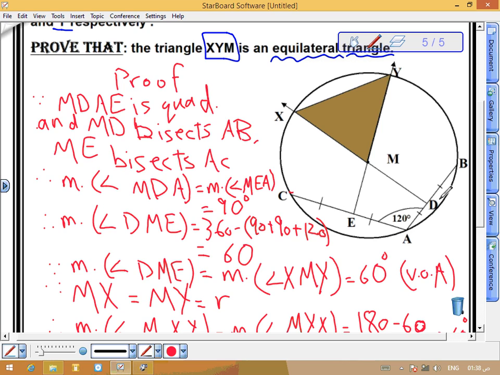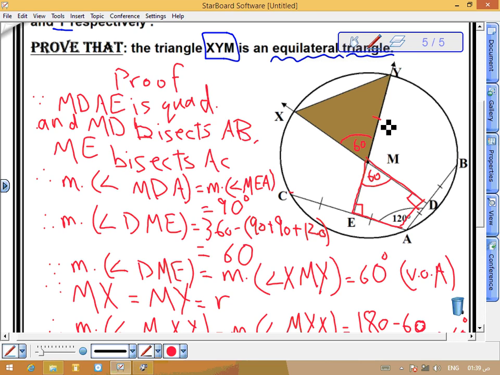So we proved that measure angle E and measure angle D equals 90, and since the quadrilateral AEMD, its total of measures equals 360, by calculation we get that the measure of angle M here is 60, and because there are two vertically opposite angles here, so this angle will be 60.